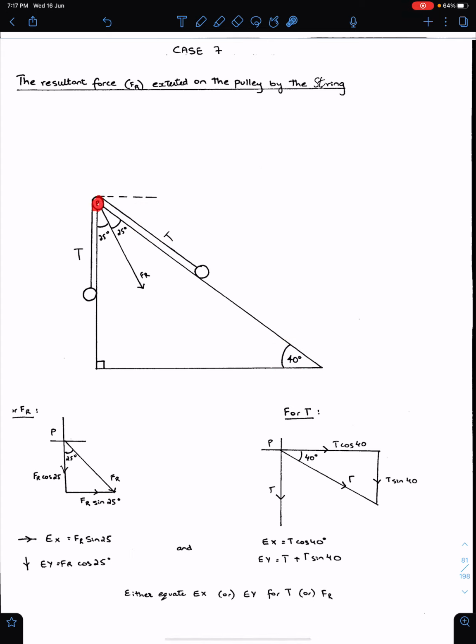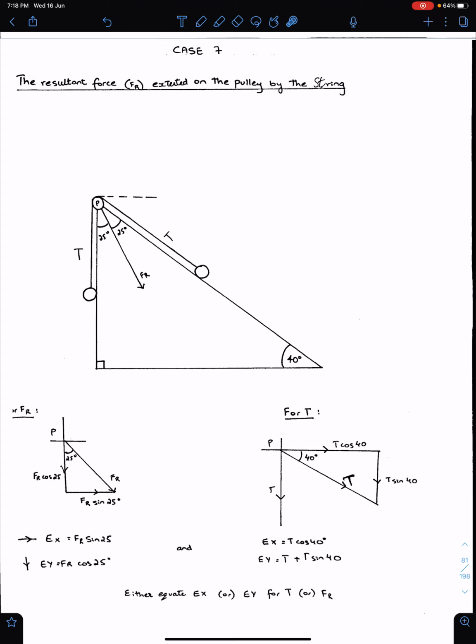And we are resolving forces at P, so tensions would act away from P. These are the directions of tensions, this and this. You need to resolve this tension. This is T tension. This tension is here. So this tension has two components. This is T cos 40 degrees and this is T sine 40 degrees. And this tension is acting vertically, so it has no component.